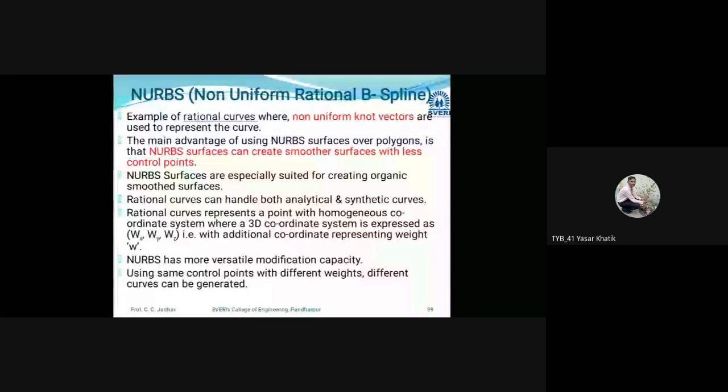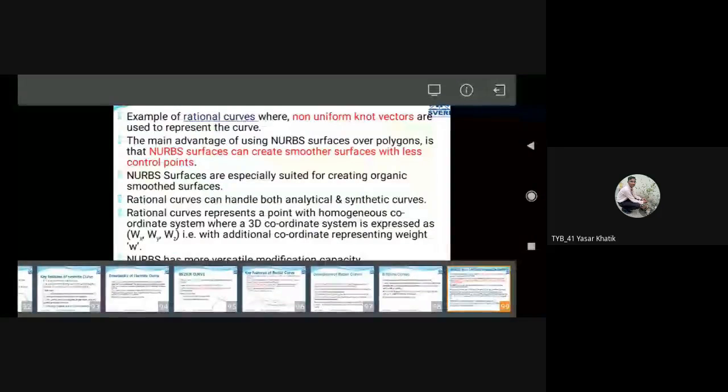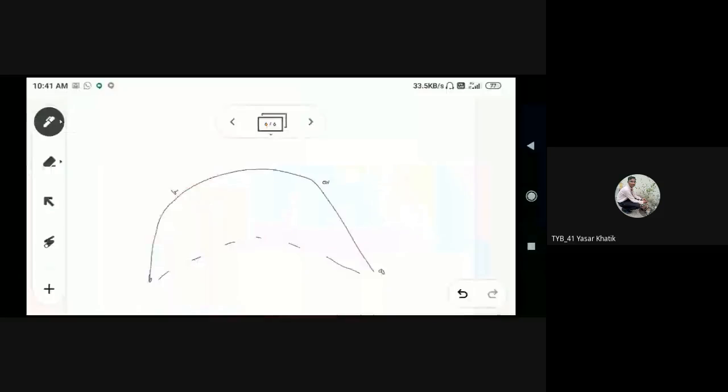So this is the last type of curve, and I want to explain some basic parametric representation of the basic entities. Okay, so I will switch to Jamboard, so it will be better for explaining parametric representation.